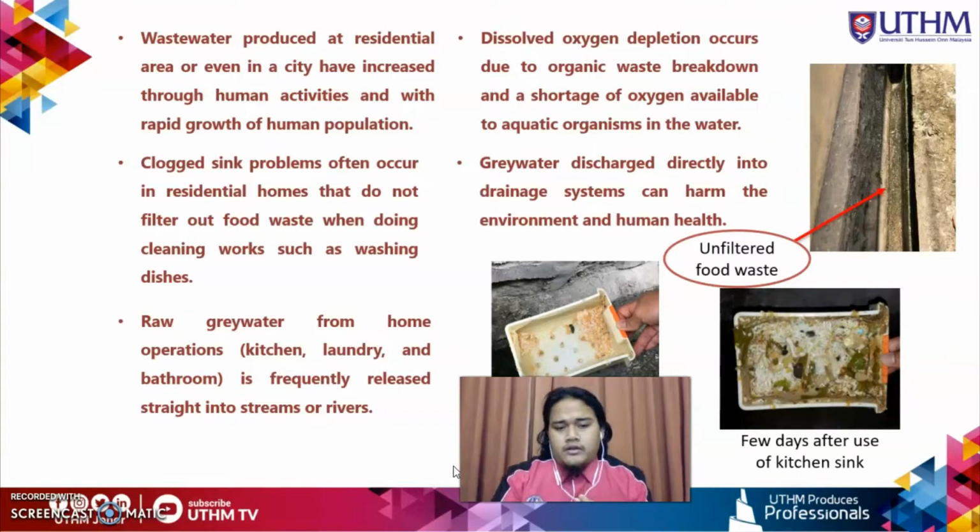Raw greywater from home operation, which is kitchen, laundry, and bathroom, is frequently released straight into streams or rivers. Dissolved oxygen depletion occurs due to organic waste breakdown and a shortage of oxygen available to aquatic organisms in the water. Greywater discharged directly into the drainage system can harm the environment and human health.